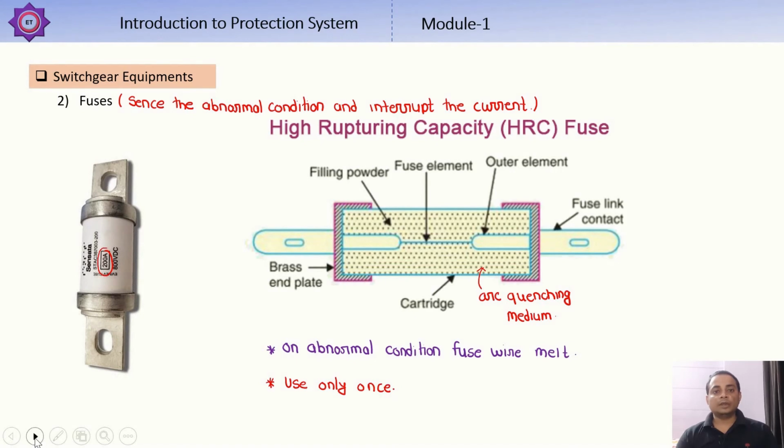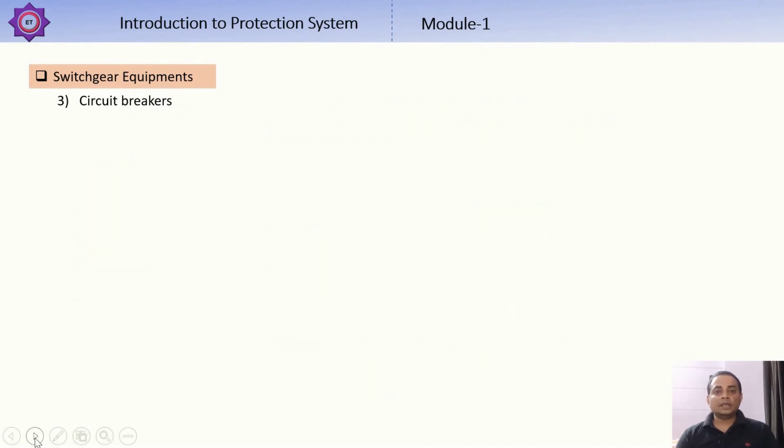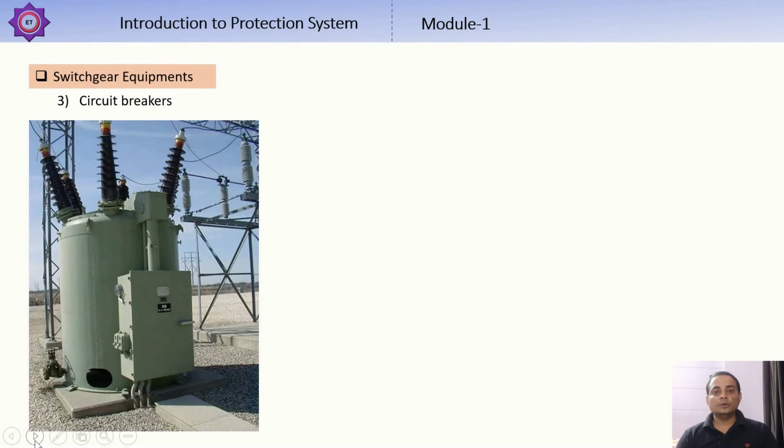Now, circuit breaker. Circuit breaker is an equipment which can open or close the contact under all condition, that is no load, full load or fault condition. It is designed such that it can operate manually or remotely. Under normal condition, it operates manually, and under fault condition, it operates automatically with the help of relay.